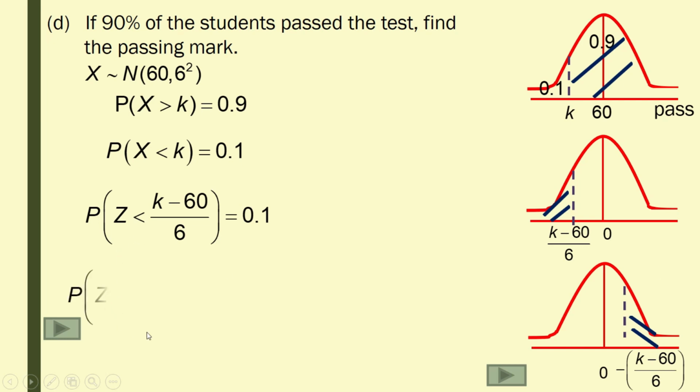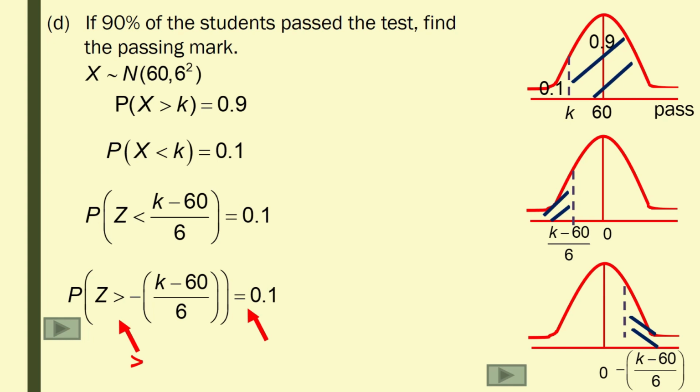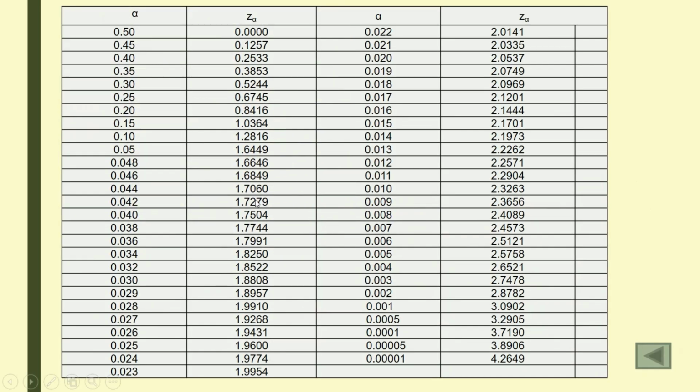So we get P(Z > −(K − 60)/6) equal to 0.1, and then because the symbol is greater than and 0.1 is less than 0.5, we get from the table.